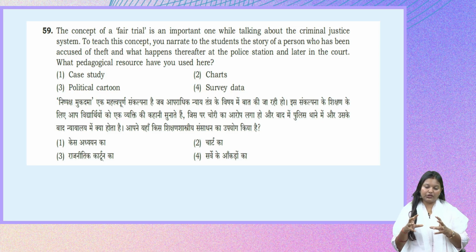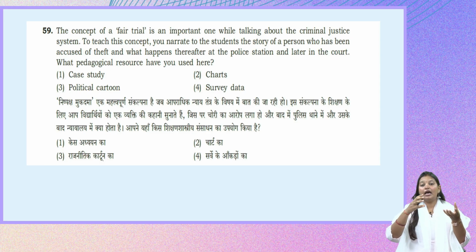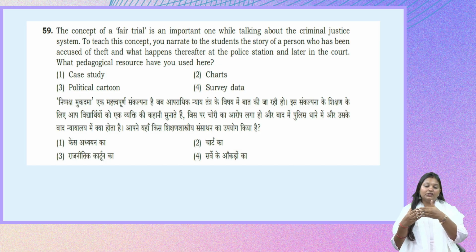So, this is a question related to pedagogy. So, you can see how certain content from social sciences, how they are being transacted in our classroom and what kind of activities the teacher should give. Based on that also we have questions. So, now we have to tell if this particular concept of fair trial, the teacher is talking about the criminal justice system.